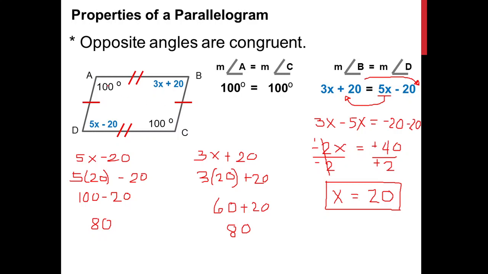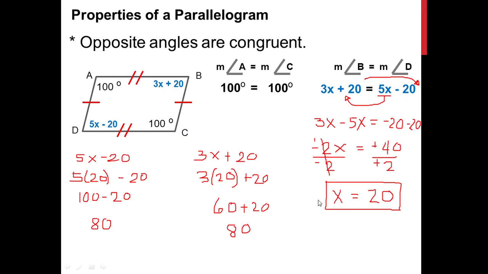So you have 100 plus 100, that's 200, plus 80, that's 280, plus 80, 360. Now this is already a four-sided polygon and also a parallelogram figure.